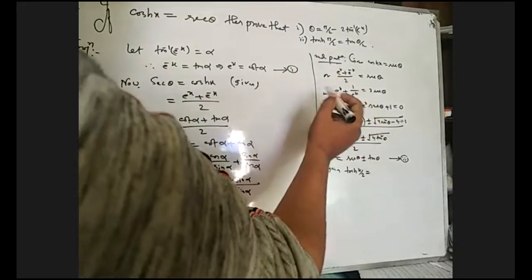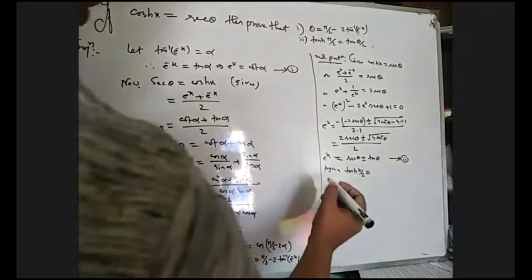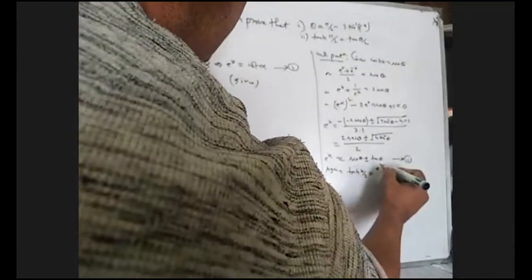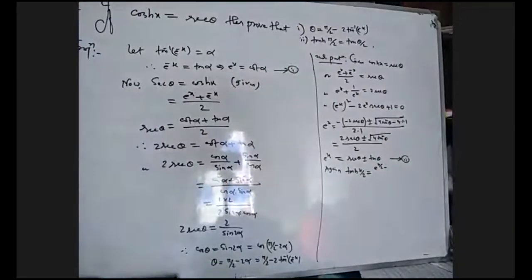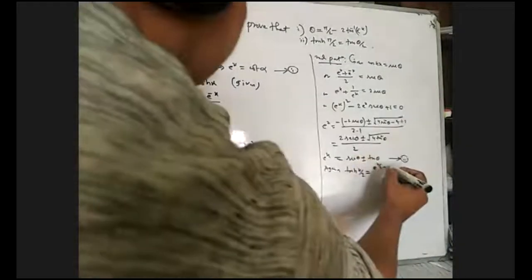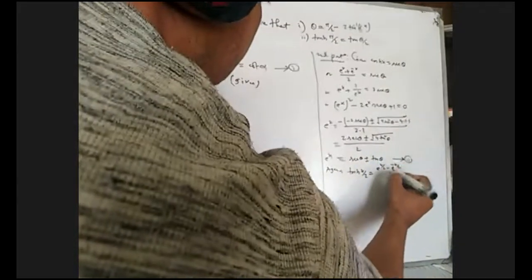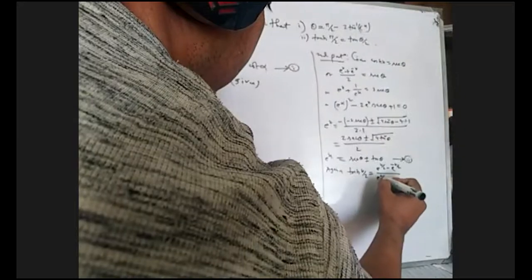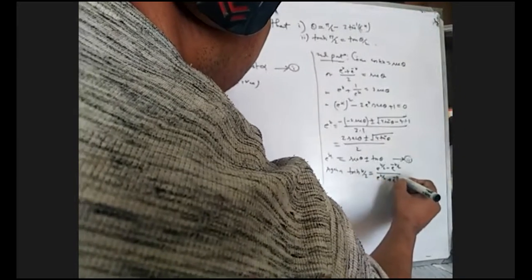It is e to the power x by 2 minus e to the power minus x by 2, divided by e to the power x by 2 plus e to the power minus x by 2.